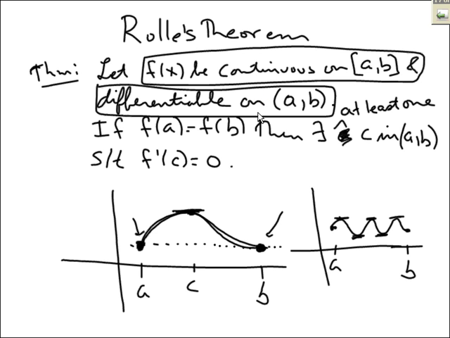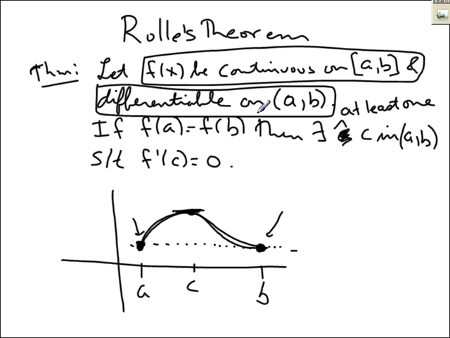Now, I guess I should bother to show that this may not be true if the derivative, say, doesn't exist somewhere in AB. For example, AB, here's f of A, here's f of B. The graph has a corner point right there.